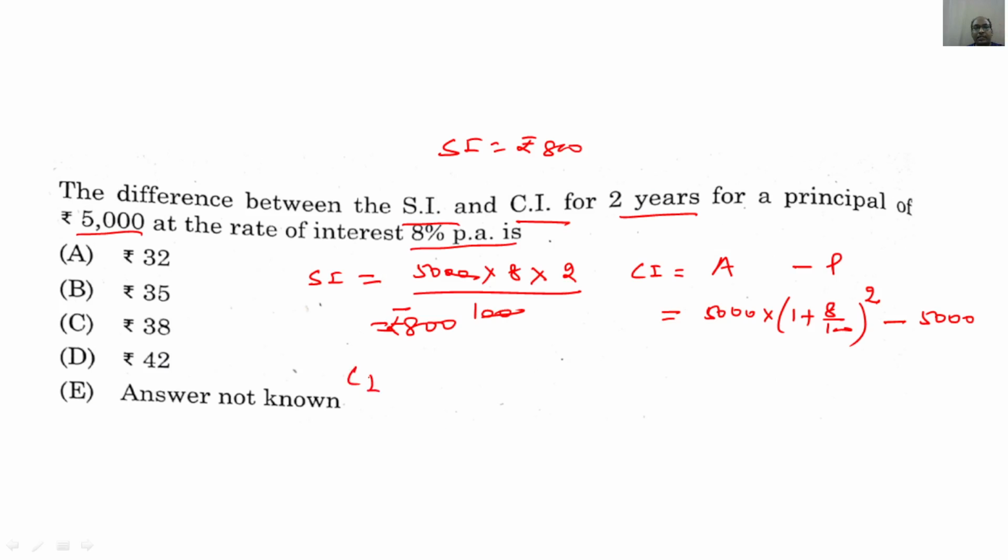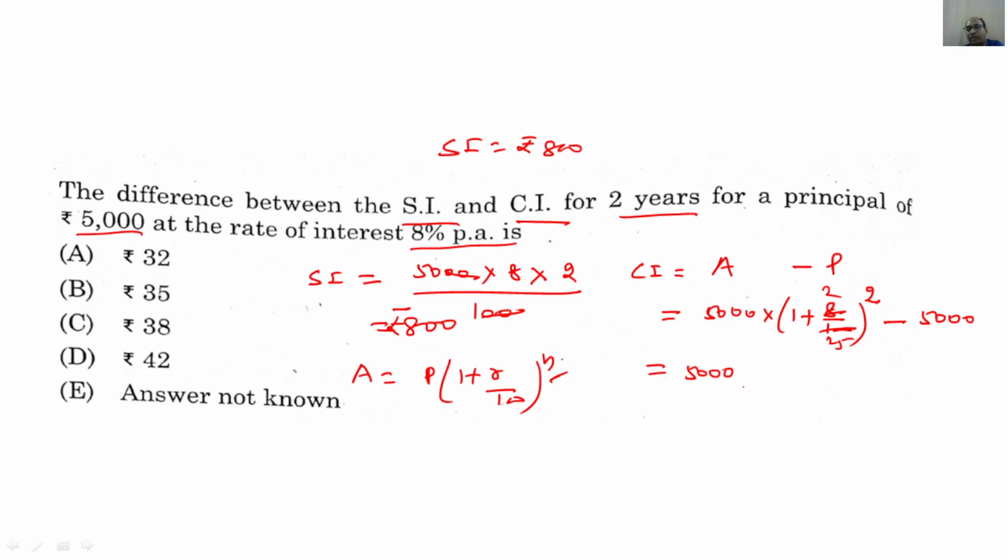Because for amount, what is the formula? P into 1 plus r by 100 to the power n. 8% per annum is there. Time is also 2 years. So n is the number of years here. Fine. So it is 5,000, and let us cancel it with 4 to the 8, 25.